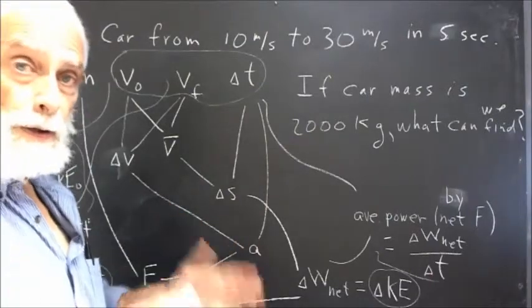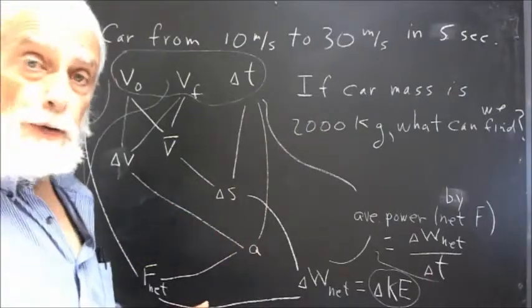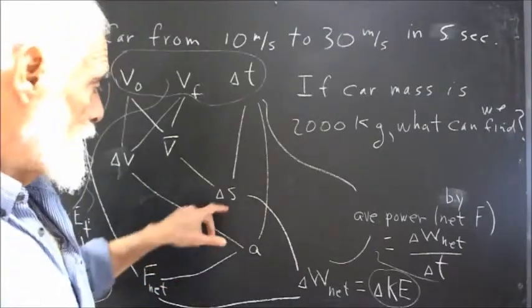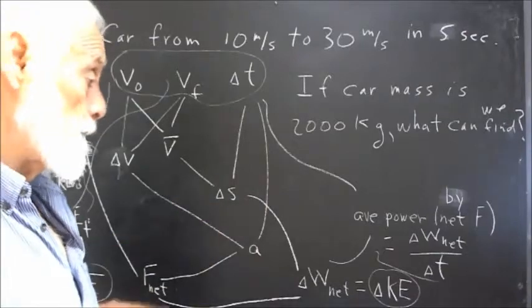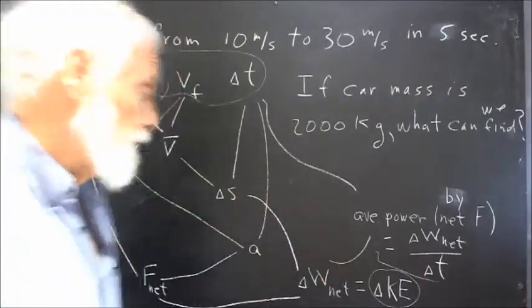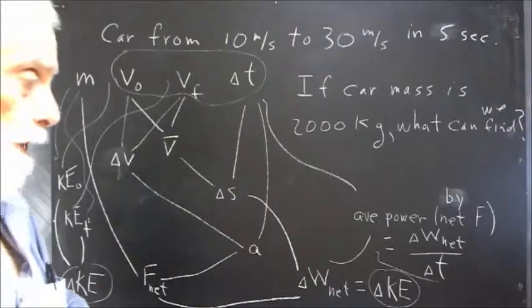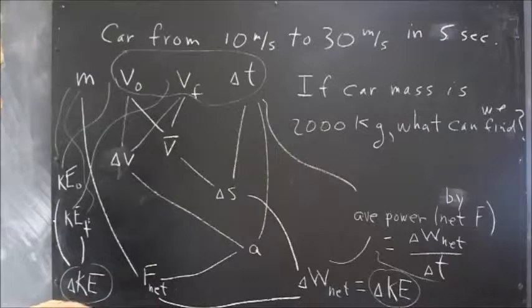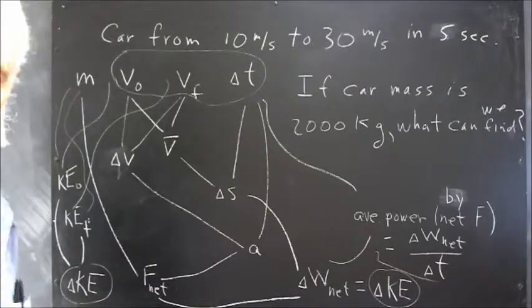That one says Vf squared equals V0 squared plus 2a delta S. We do that, and our F net delta S comes right out, and our 1/2 m v0 squared and 1/2 m vf squared appear on the other side in the way that establishes the work-kinetic energy theorem.